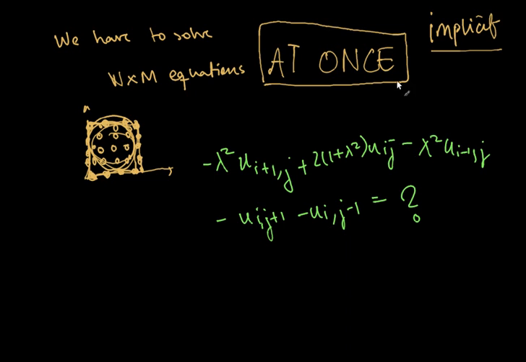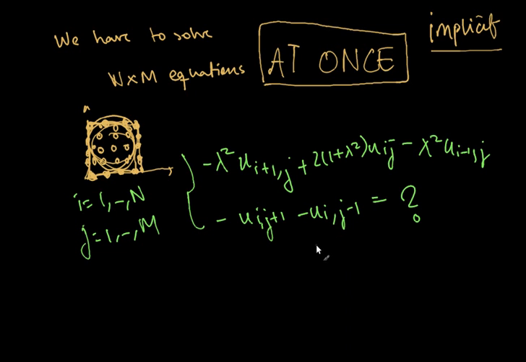So, how do we write this up in a matrix equation, where we know that the i's are supposed to go from 1 to n and the j's are supposed to go from 1 to m? Well, in the earlier sections in the book, it was easy enough, because then we said, let's just solve these equations one matrix at a time, in the sense that we considered everything that had something to do with j and everything that had something to do with j plus 1, and then we just threw j plus 1 over on the other side. The problem here is, because of how our stencil looks, we can't just do that, because we also have something with j minus 1.